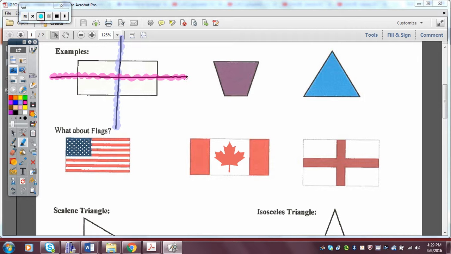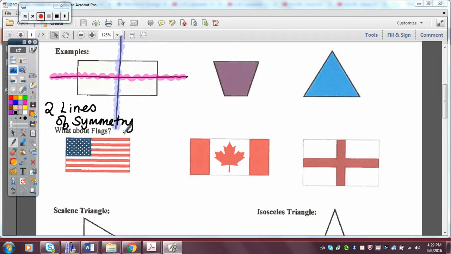Okay? What about if I cut my rectangle like this? Does that produce a line of symmetry? No, because if I fold it along this line, it is not going to look the exact same on both sides. So that is not a line of symmetry. So in this problem, I have two lines of symmetry.